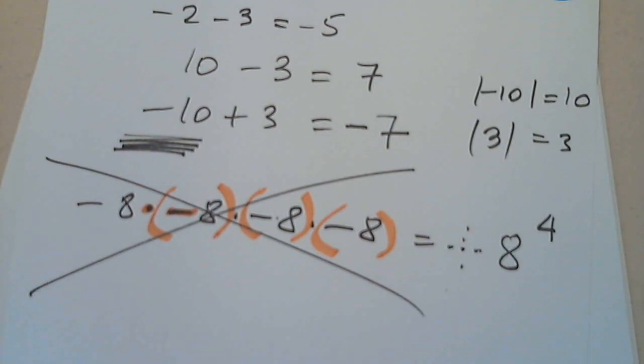The point I was making with the first one is, if you need to start an operation with a negative number, you have to use this symbol, not this symbol. So when I write 8 minus 6, I have to use the operational symbol.